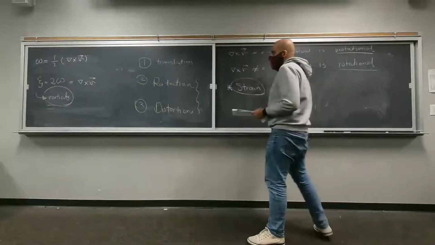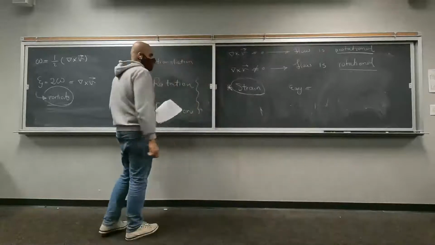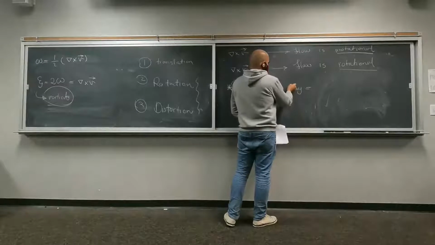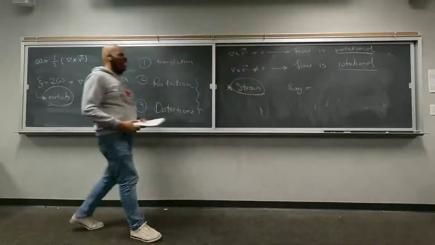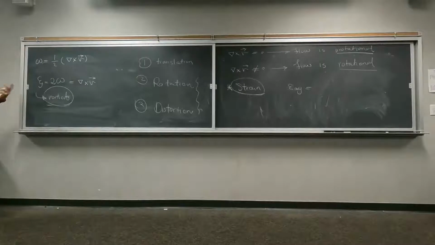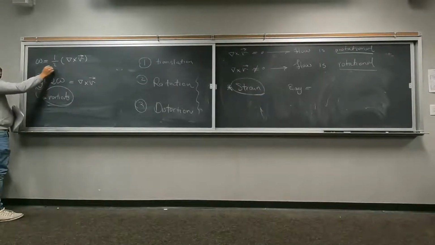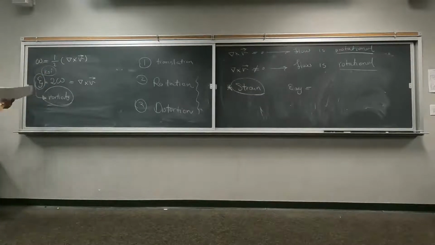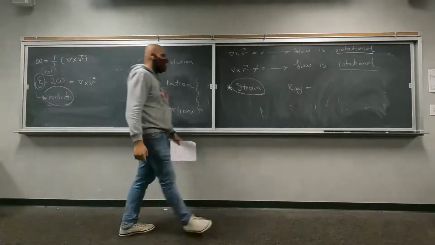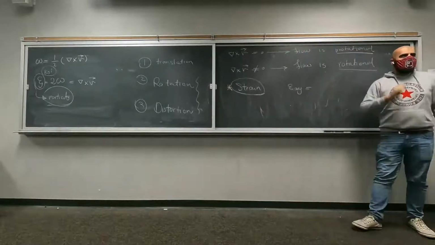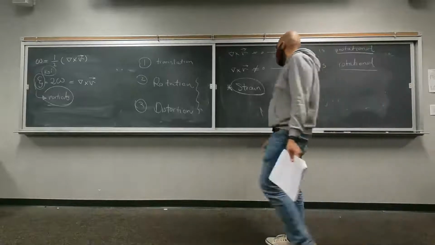One thing I need to mention: we call both of these epsilon, but this one is actually the Greek letter xi, not epsilon. This is the real epsilon. Make sure not to confuse vorticity and epsilon and strain.